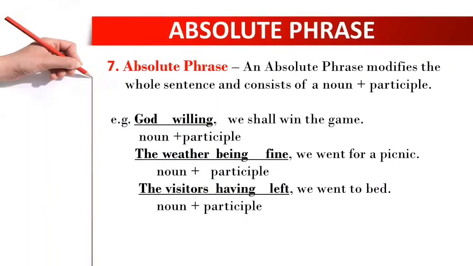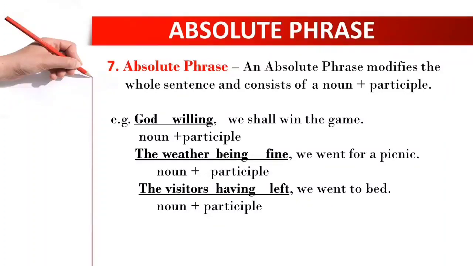Now let's look at absolute phrase. An absolute phrase modifies the whole sentence and consists of a noun plus participle. For example, God willing, we shall win the game. Here, God willing is the absolute phrase which consists of the noun God and the participle willing. The weather being fine, we went for a picnic.